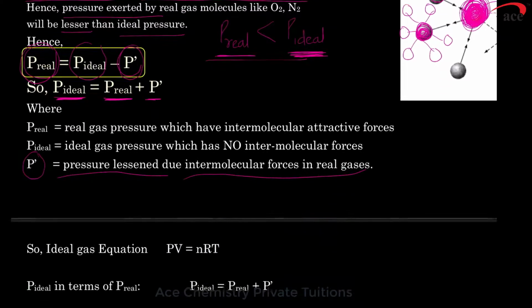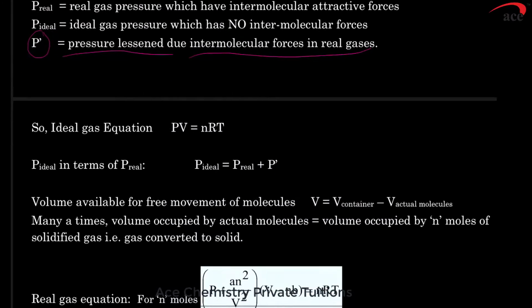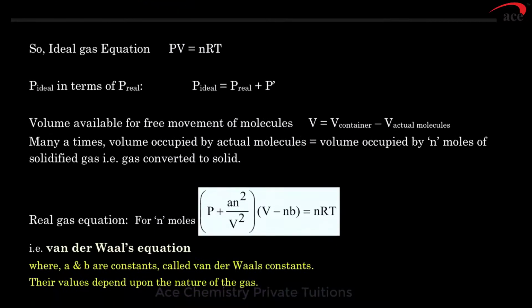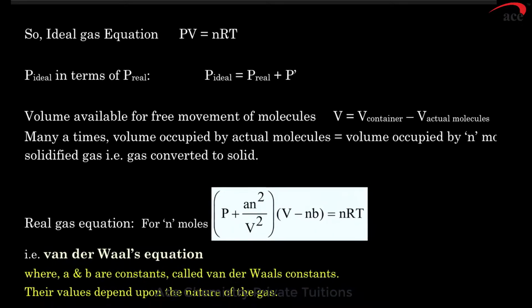The ideal gas equation is PV = nRT. P ideal is P real plus that factor. And V ideal, why? V ideal means the volume available for free movement of the molecules. How much is the volume available? It is the volume of the container minus nb.